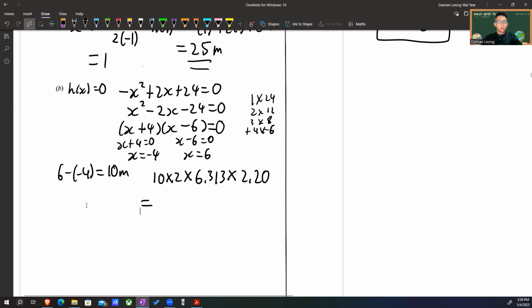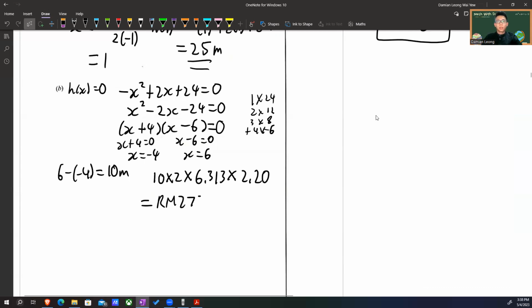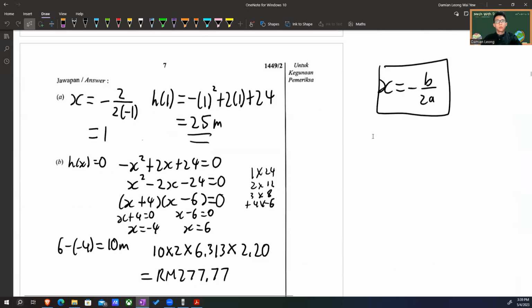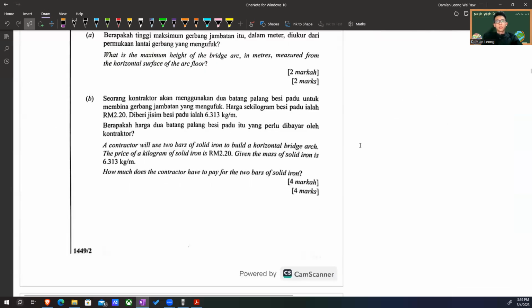So I calculate this: 10 meters times 2 bars times 6.313 times 2.2, which is 277 ringgit 77 cents. Okay. That is the cost. 277 ringgit 77 cents.